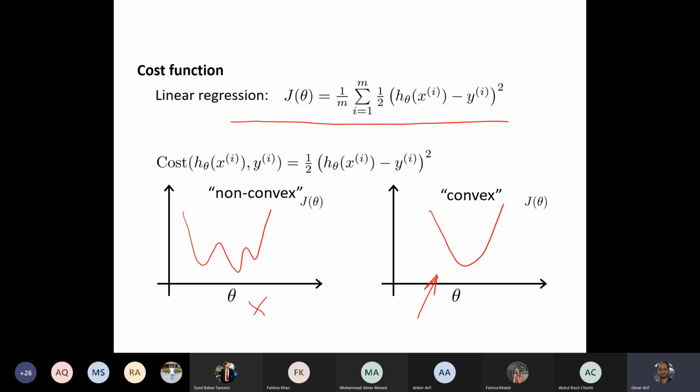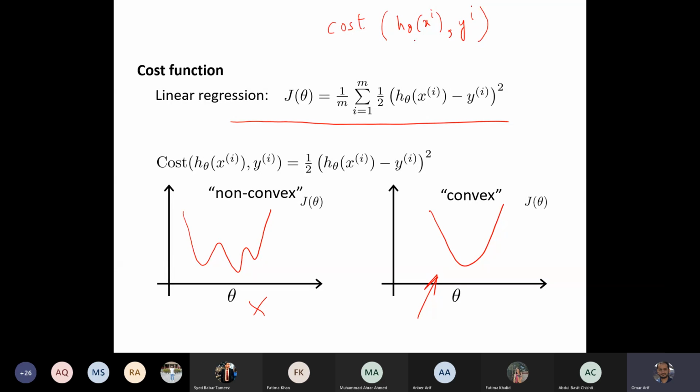So usually we write it like this: what is the cost of this prediction? This is my prediction on the training example xi, and this is the true value yi.